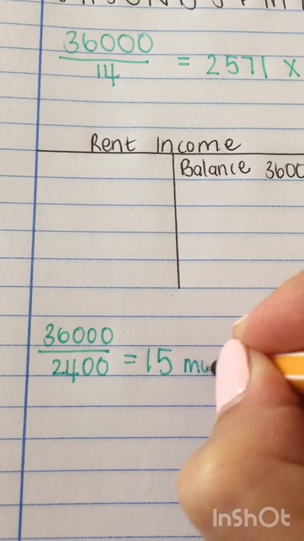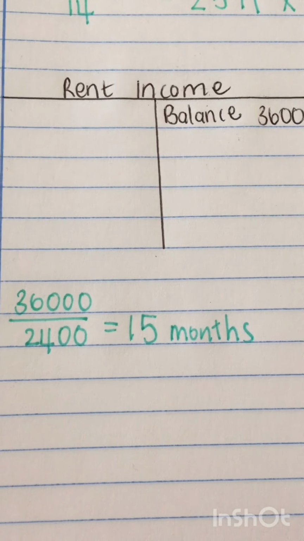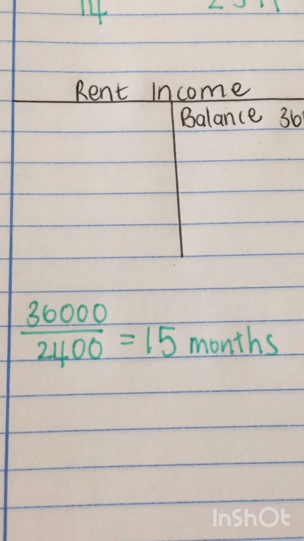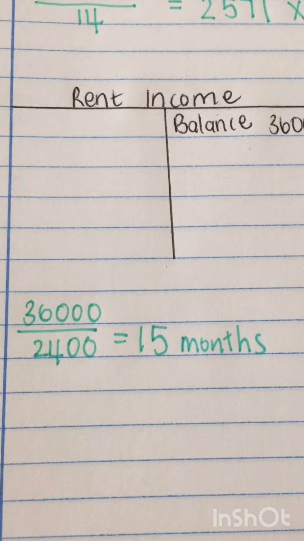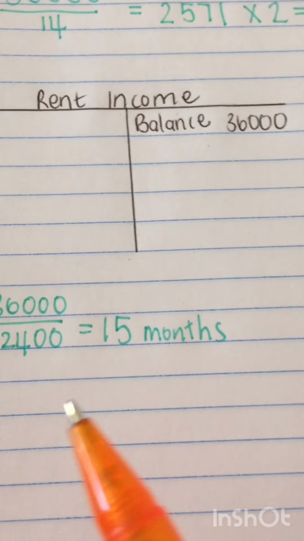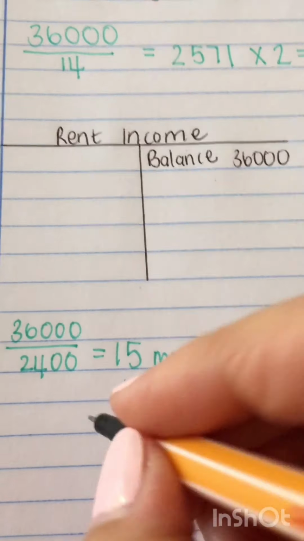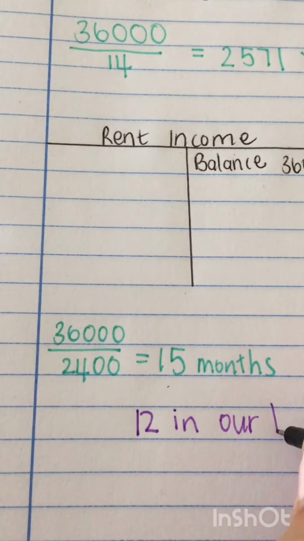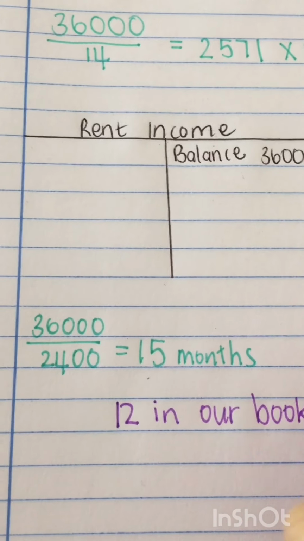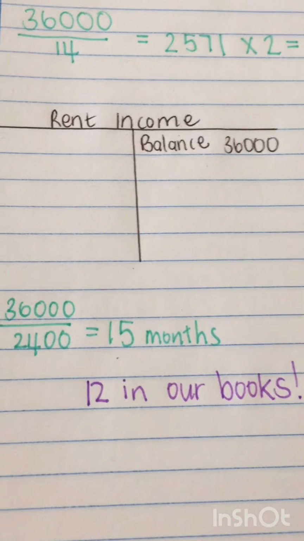So now I know that I've received the rent for 15 months. It could have been 10. Then we're not busy with income received in advance. Then we're busy with an accrued income. But now we've received it for 15 months. We only want 12 in our books. Very important. Always only 12.